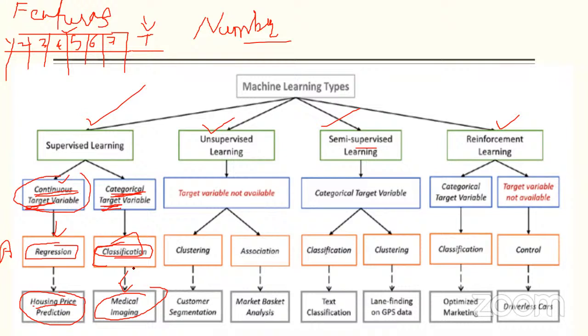Somebody comes to hospital with a complaint of pain in the leg, right? The doctor assumes that there could be a fracture, so the doctor will ask you to go for an X-ray. Right now, the X-ray report comes to the doctor, the doctor will look at it and say, okay, fracture is there, or fracture is not there. Based on that, treatment happens.